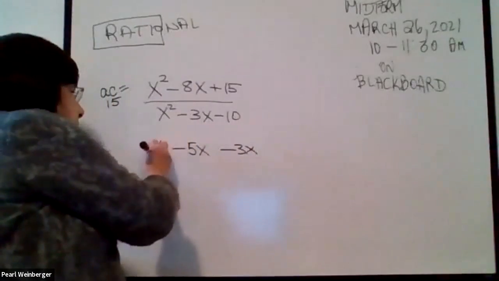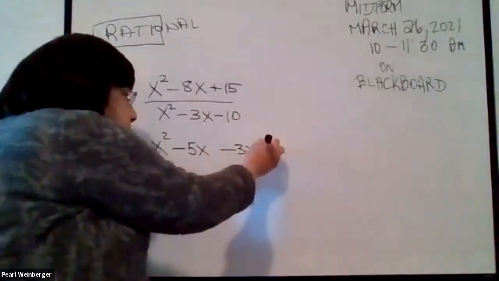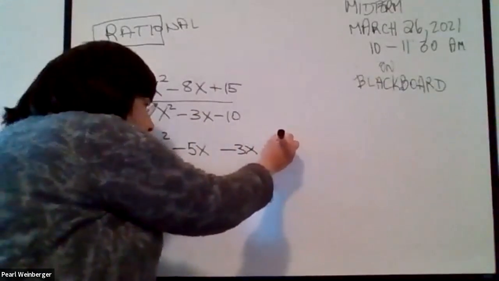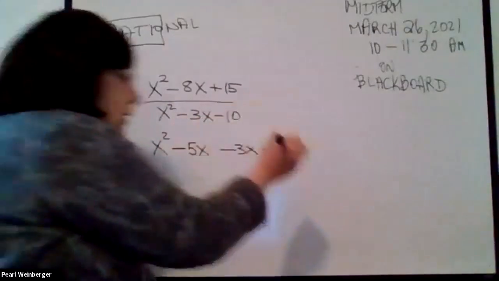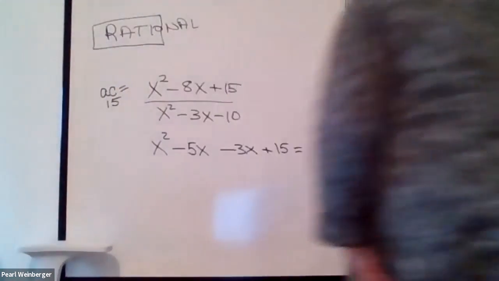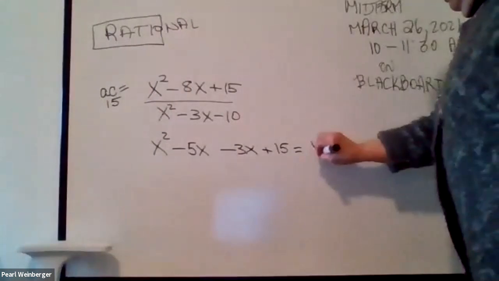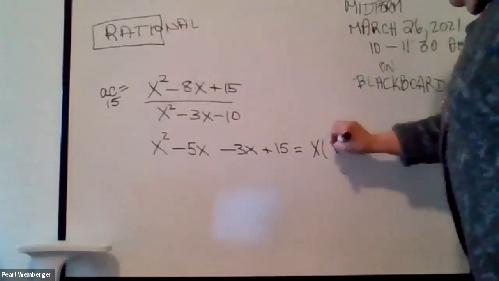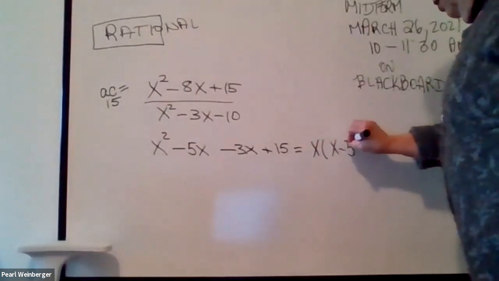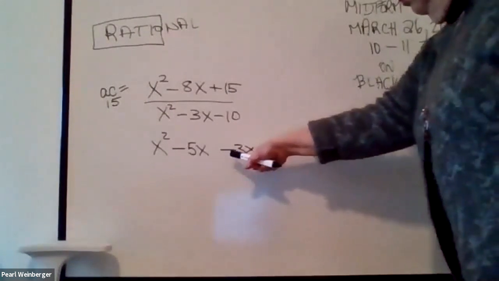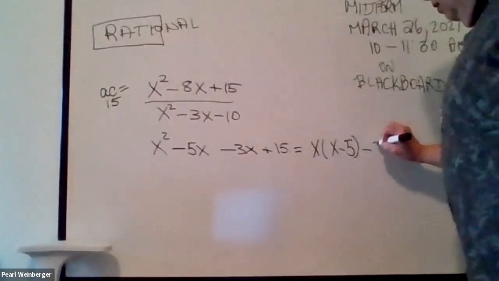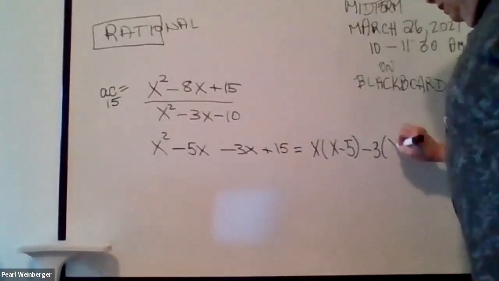So this will become x squared minus 5x minus 3x plus 15, which I'm going to then factor into x times x minus 5. And over here, since I'm starting my second group with a negative, it's going to be a negative 3 times x.